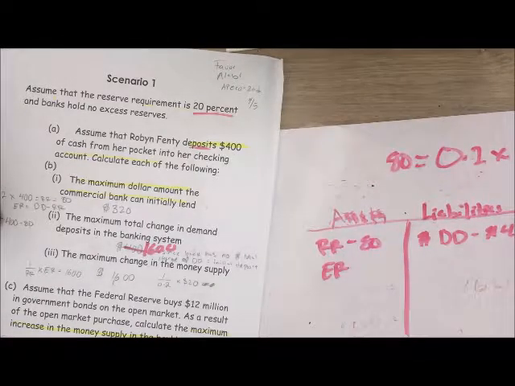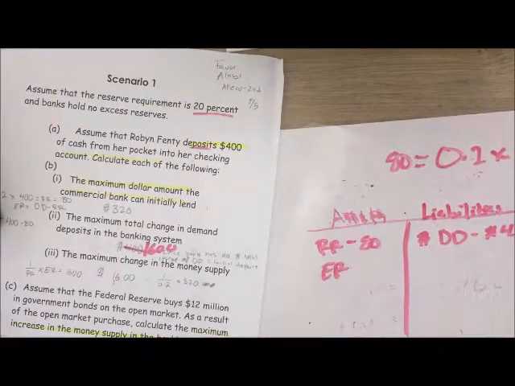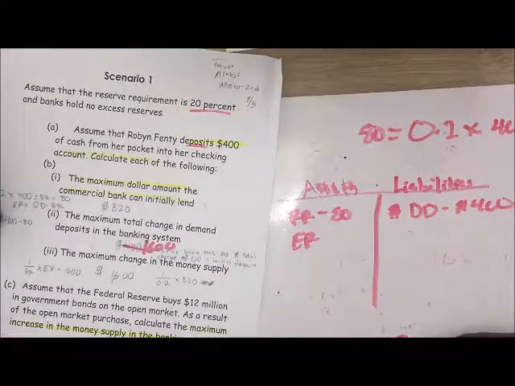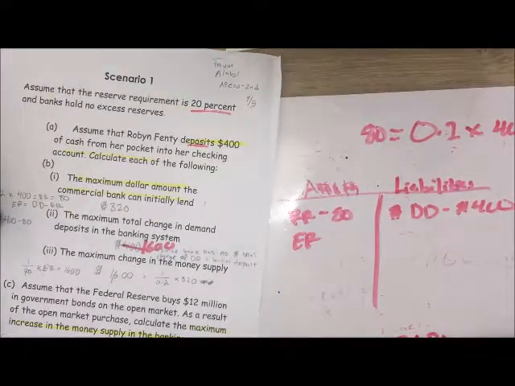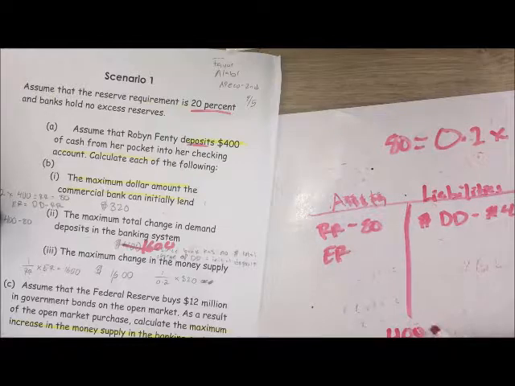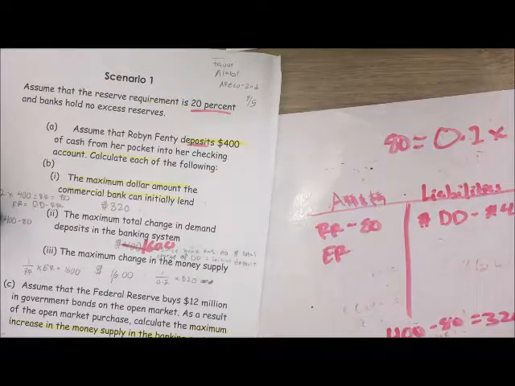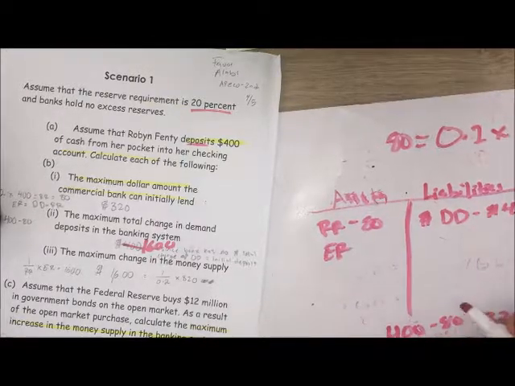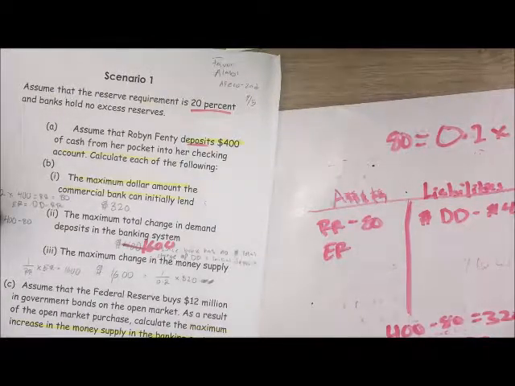We know DD is equal to ER plus RR, so ER would be equal to DD minus RR. So we take 400 minus 80, which gives us 320, and 320 is the maximum dollar amount that the bank can initially lend.